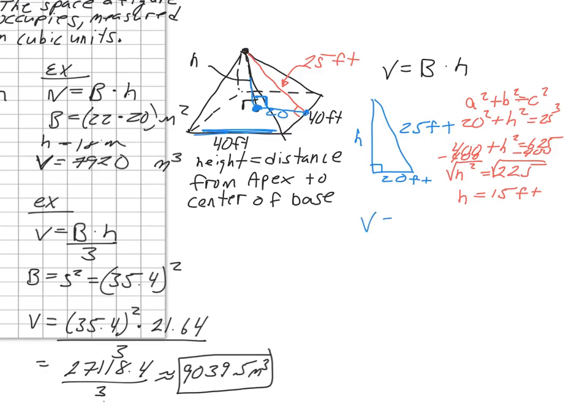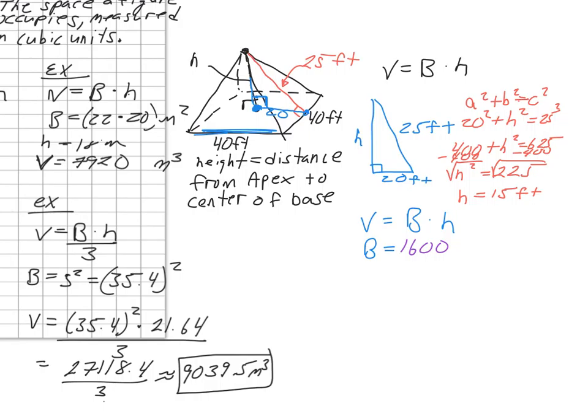Now I have the height, so now I can solve for volume. Volume is equal to, again, area of the base times height. My base is a 40-foot square, so that's 40 times 40, which is 1,600.